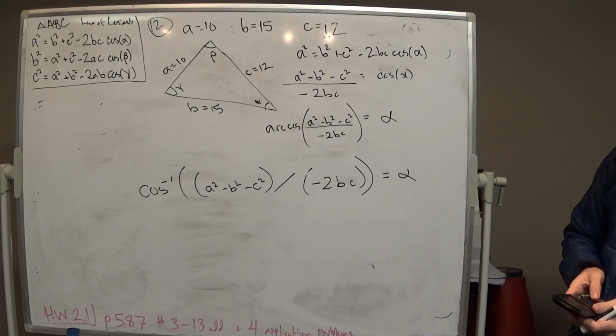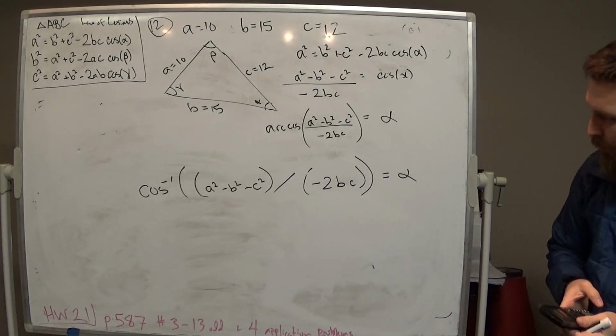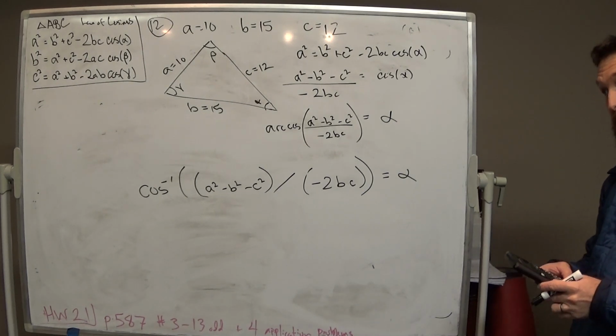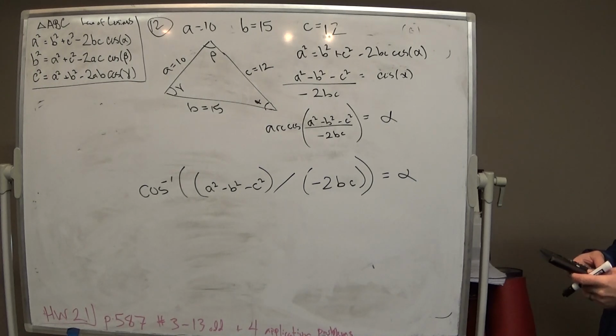I'm going to go arc cosine, now parentheses. A squared is 10 squared minus B squared is 15 squared minus C squared is 12 squared. End parentheses. Divide by parentheses. Very important that you put parentheses in the denominator.